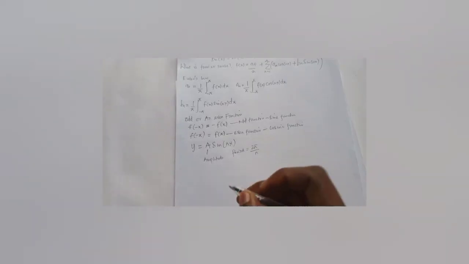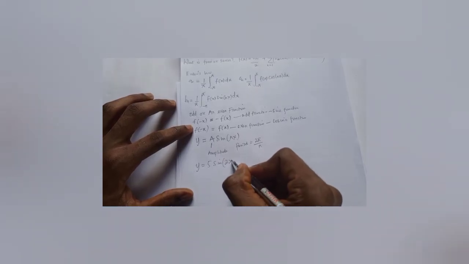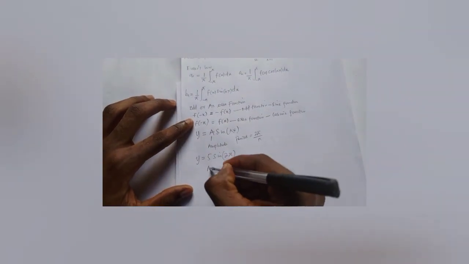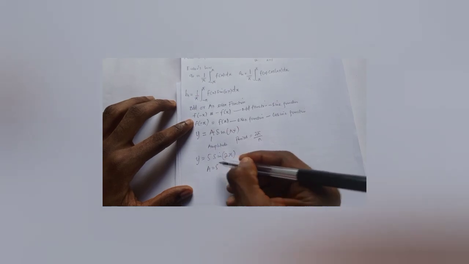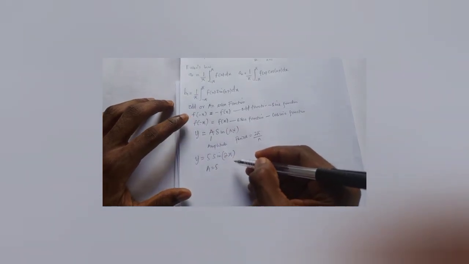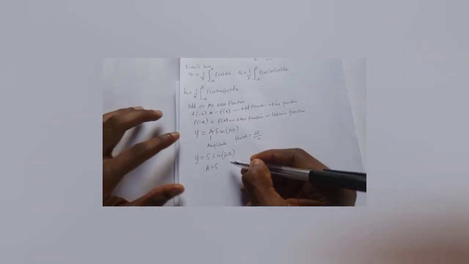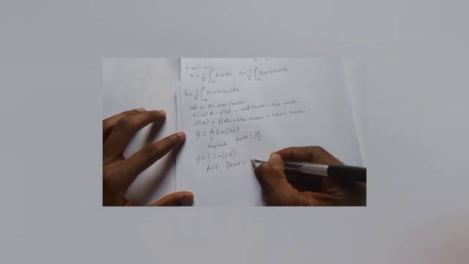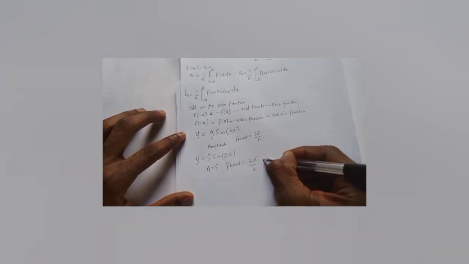Let's take, for instance, that you were asked to calculate the amplitude and the period of y equals 5 sine 2x. It means that the amplitude is equal to 5 and the period is equal to 2 pi over 2, which is equal to pi.